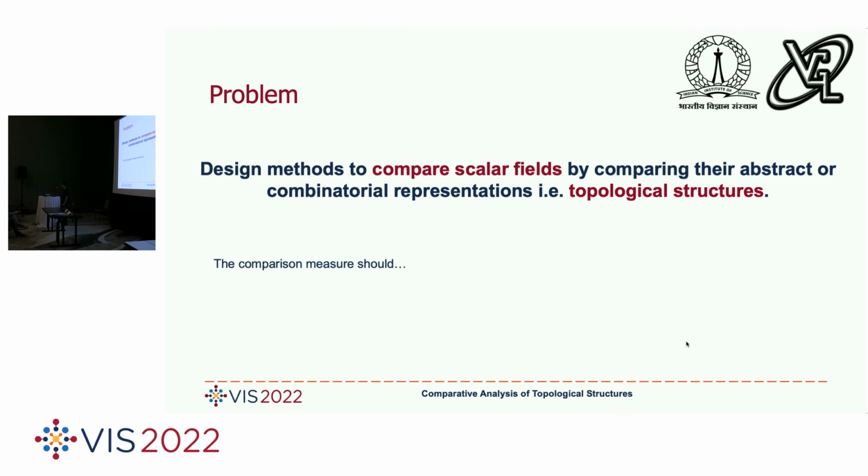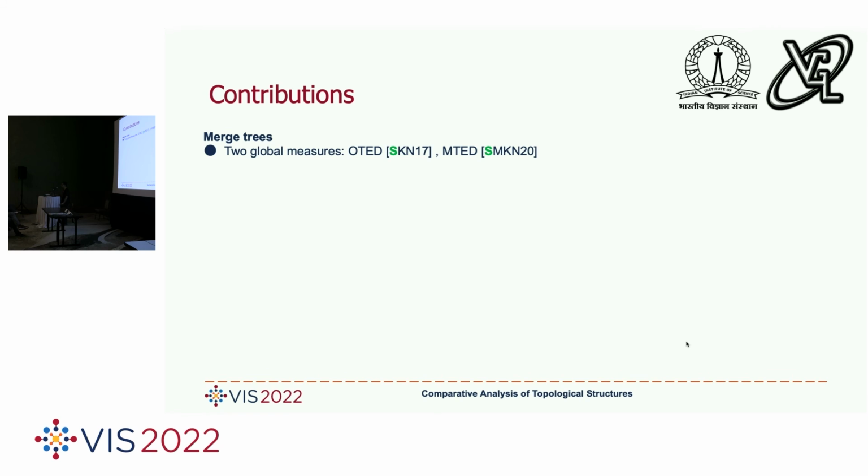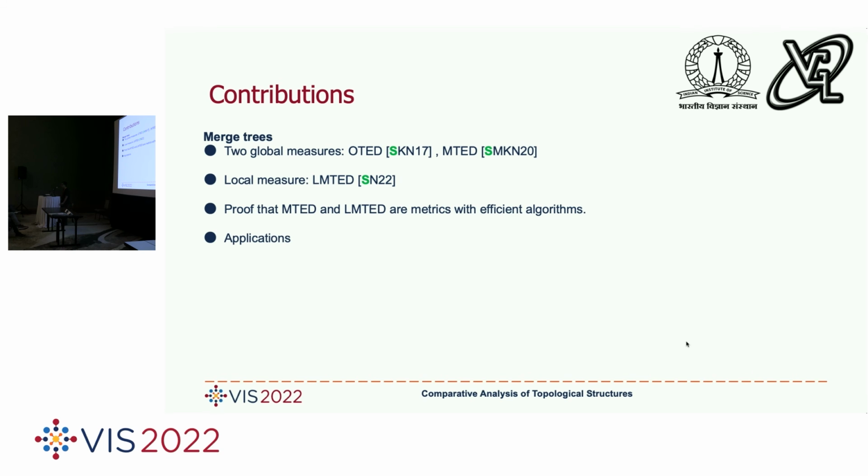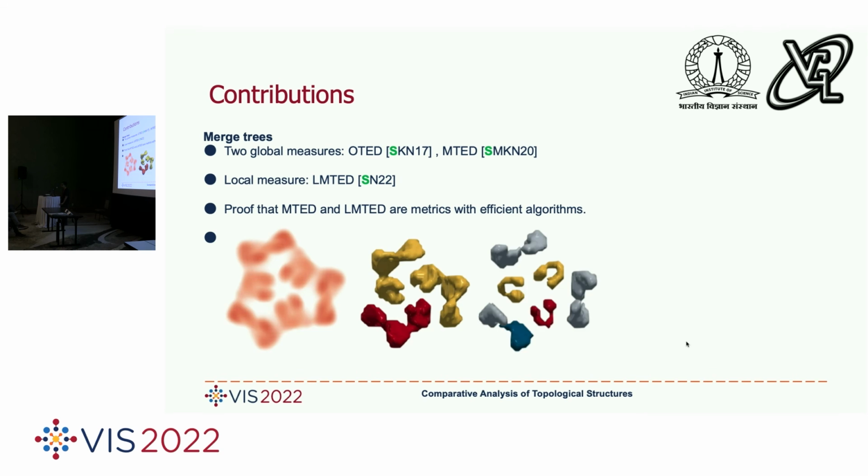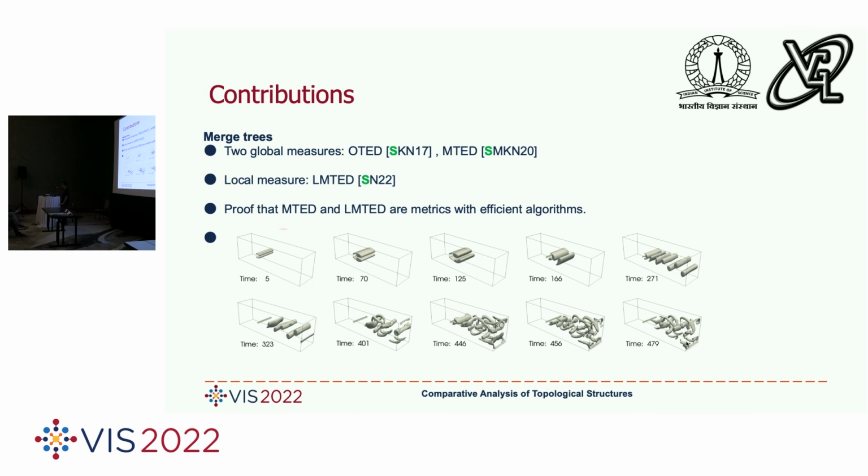We want these methods to be intuitive, useful, have proven theoretical properties, and also have efficient algorithms. So we provide two comparison measures, one local and one global, MTED and LMTED, which are metrics with efficient algorithms. We provide a lot of applications like symmetry and periodicity detection, feature tracking, and analysis of the effects of topological compression, to name a few.